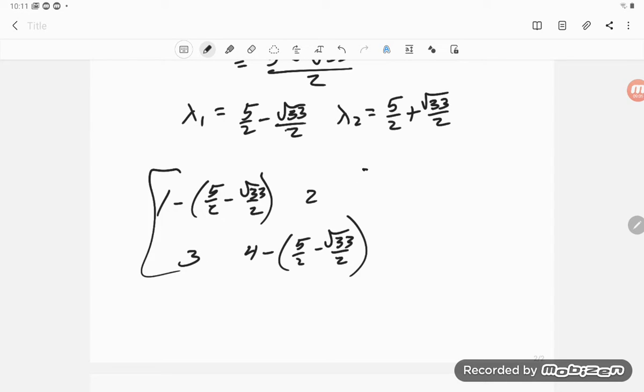So I have that matrix times my x1, x2 is equal to 0.